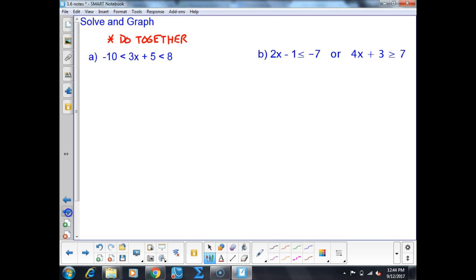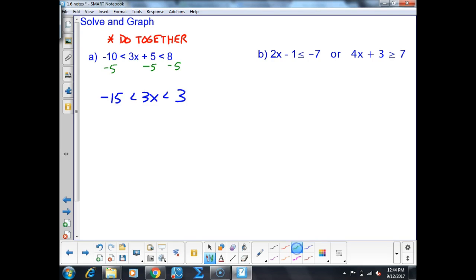What I mean by that is, I want to get x by itself, so I'm going to subtract 5 there, and subtract 5 there. I've got to do it all at one time. I have to subtract 5 in all of my parts. So then that becomes negative 15 is less than 3x is less than 3.